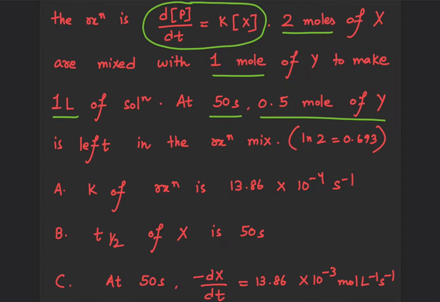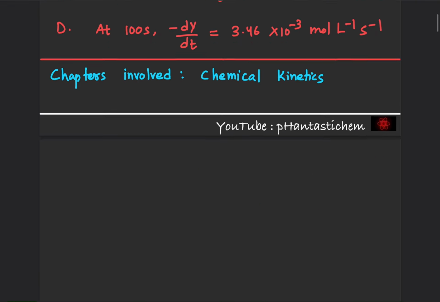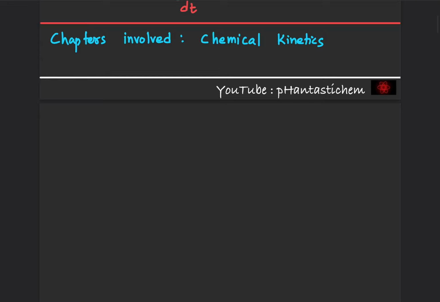At 50 seconds we have 0.5 mole of Y left. Okay, and there are 4 options. One of them talks about the rate constant, then the half-life, then what happens at 50 seconds and what happens at 100 seconds.